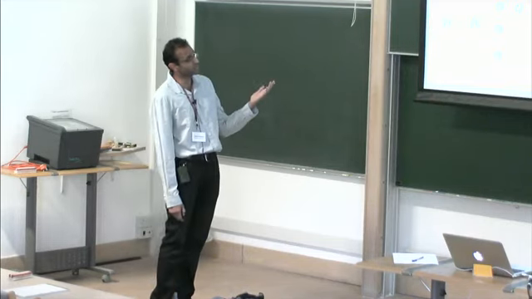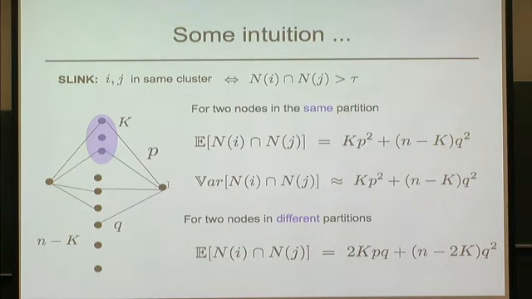Now if I and j were in the same underlying partition, then you can calculate the expected value of the intersection set. The number of other nodes in the same partition as I and j is k, or k minus 2. The probability of there being an edge from I to each one of those is p, and from j to each one of those is p as well.